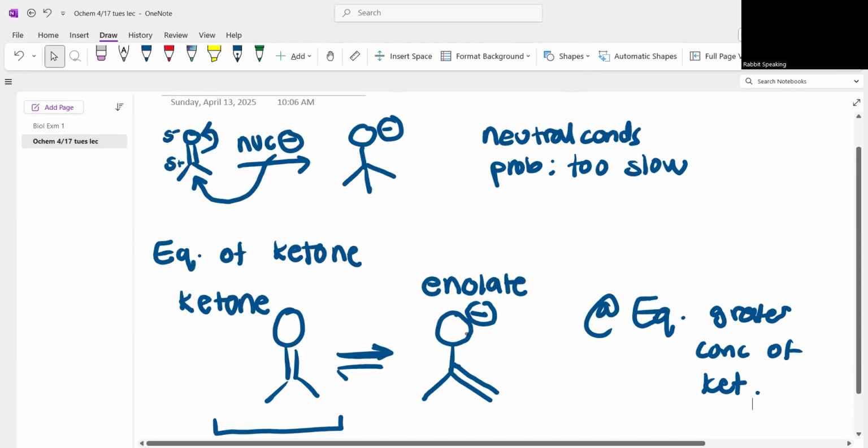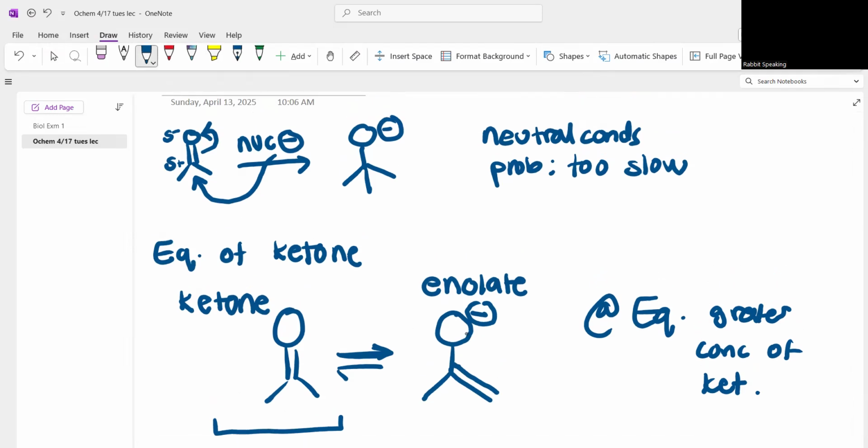However, we want to form an enolate because with an enolate we can... actually, I forgot what the purpose of an enolate was. Oh yeah, we want to do electrophilic reactions with an enolate. An electrophile inverts the positive charge. So we're trying to get an enolate and do electrophilic reactions.